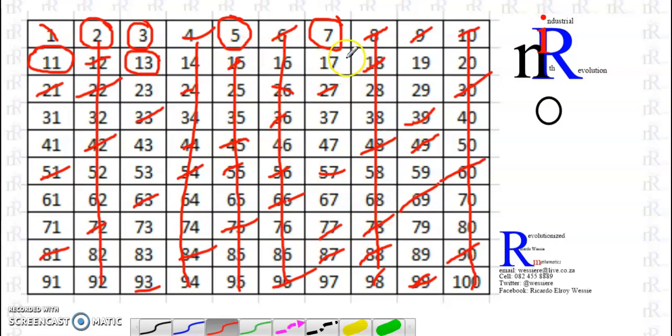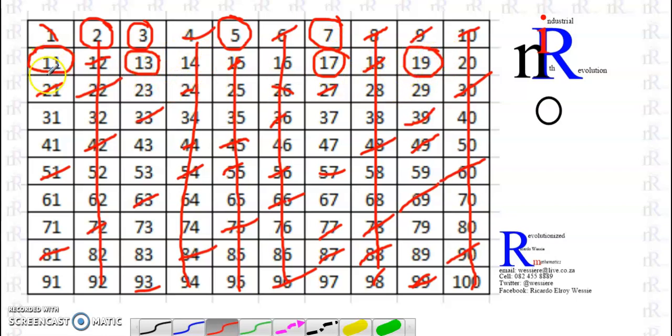Can you find all the other numbers that will be prime numbers if these numbers are taken out of the equation? What remains? After you have found all the prime numbers, the main ones that we will be working with are 2, 3, 5, 7, 11, 13, 17 and 19.